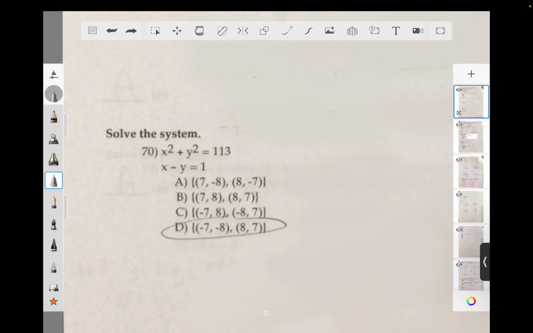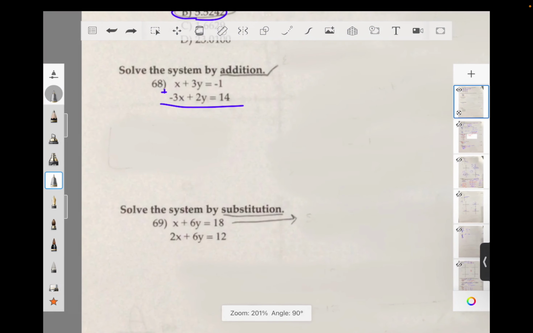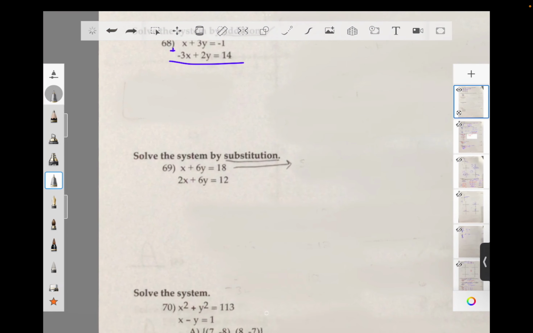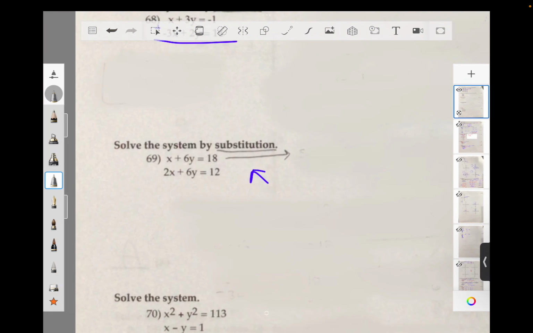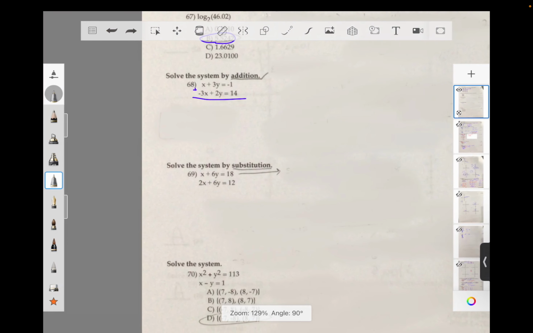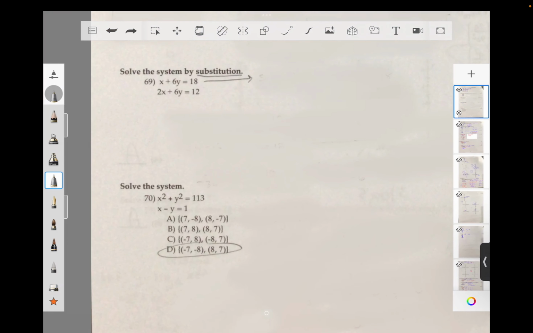This one just says solve the system. I think the easiest one to do is by addition, but when that fails, then the next best one would be substitution. Which I would say for this one right here, it'd probably be best to do substitution.